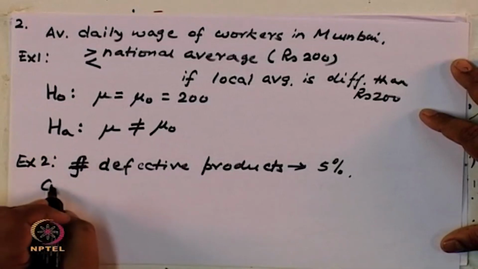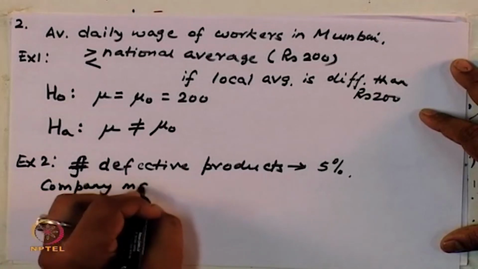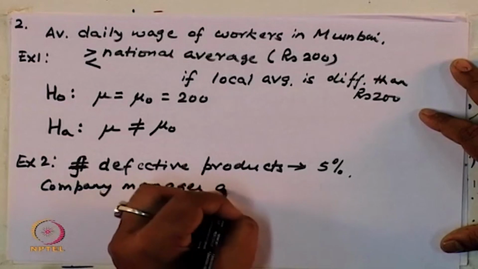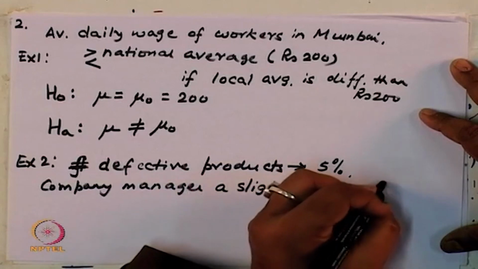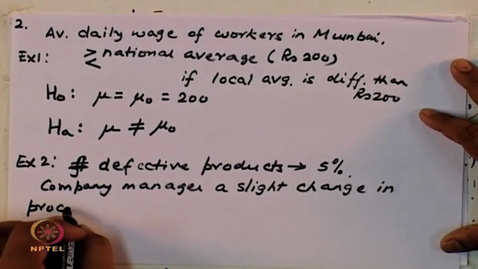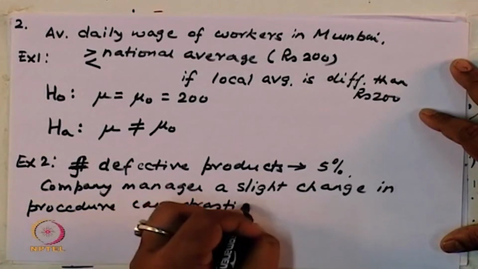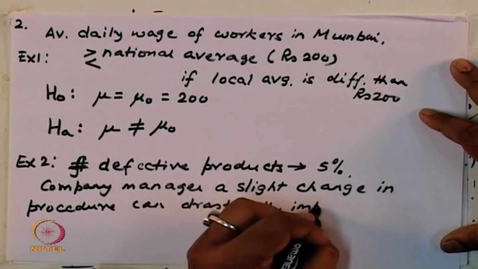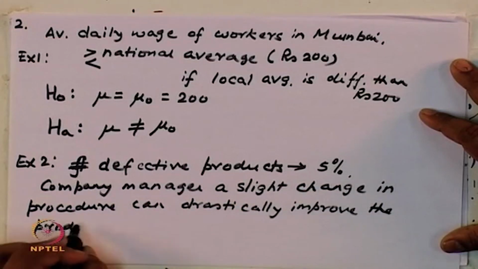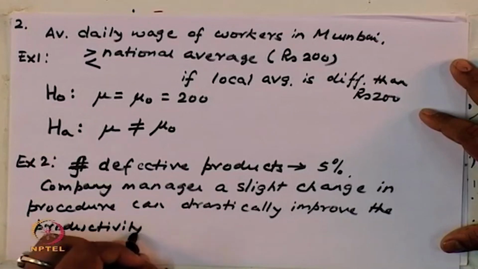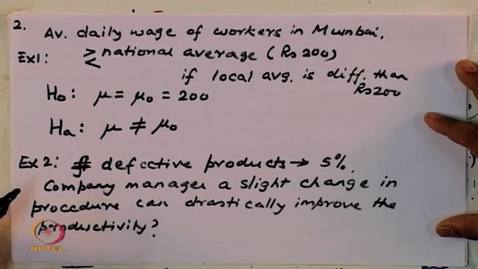The company manager feels a slight change in procedure can drastically improve the productivity. By increasing productivity, I mean that the number of defective products produced will be significantly less.